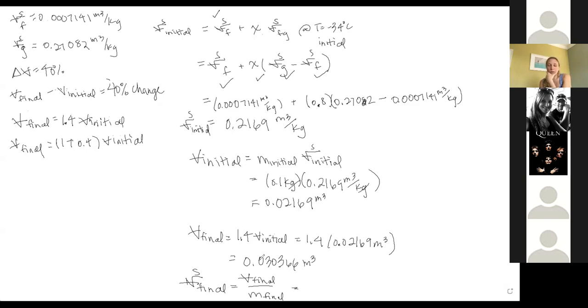So our volume final is 0.03036 cubic meter. And our mass final is still going to be that 0.1 kilogram because we are not losing any mass. We don't have any mass transfer occurring. So this becomes 0.3036 cubic meter per kilogram as our specific volume final.